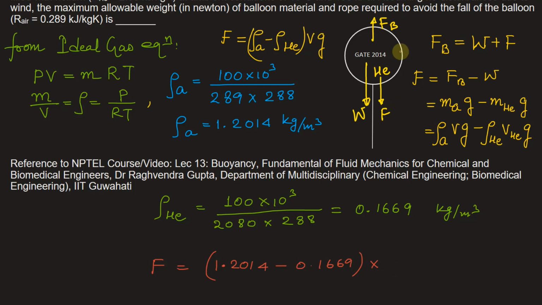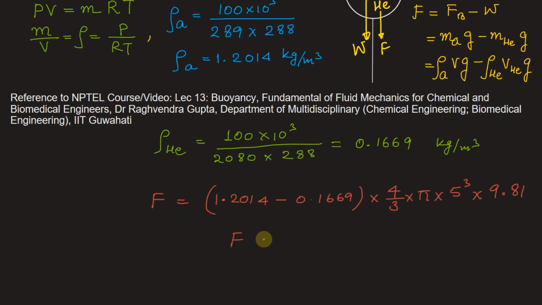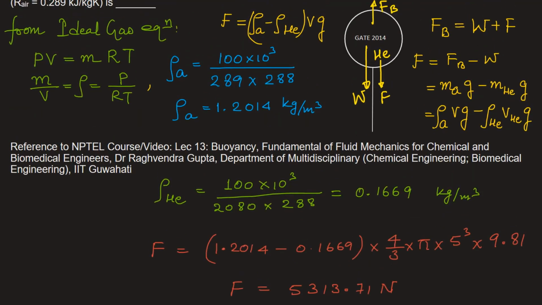The volume of this sphere will be 4 by 3 pi r cube, 4 by 3 into pi into r cube. Now the diameter is 10 meters, so r will be 5, 5 cube, into the acceleration due to gravity, 9.81 meter per second square. So from here we'll get F is equal to 5313.71 Newton.